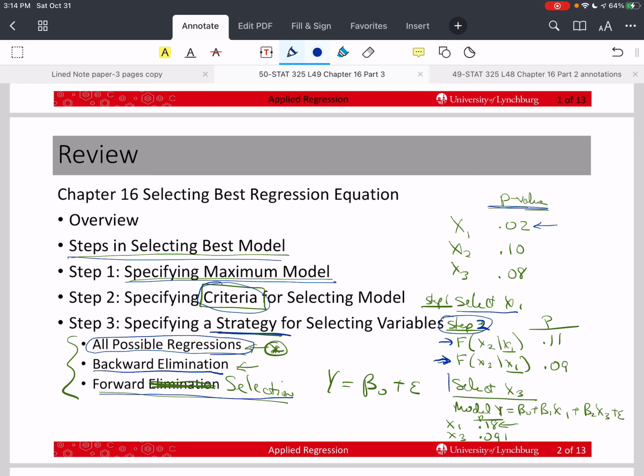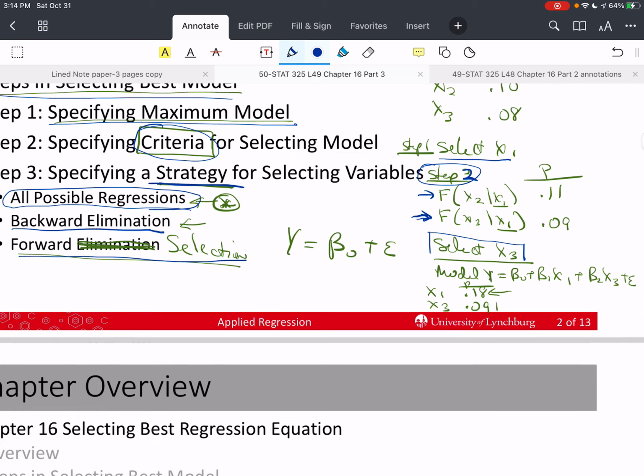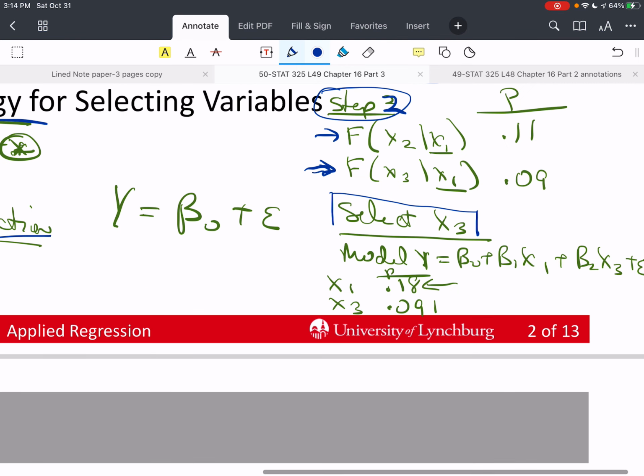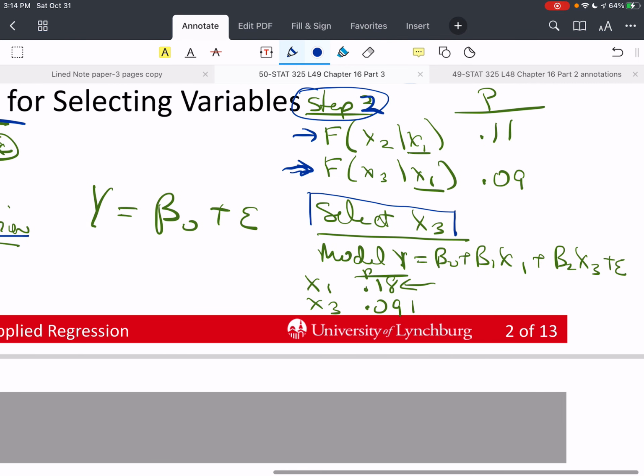So we are going to add x3 to our model. And so our model would be beta naught plus beta 1 x1 plus beta 3 x3 plus epsilon.